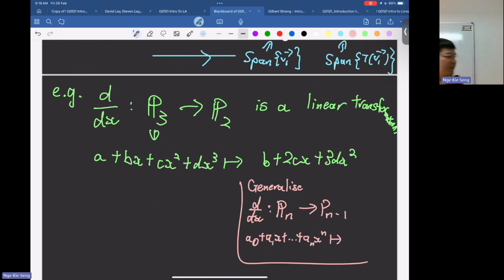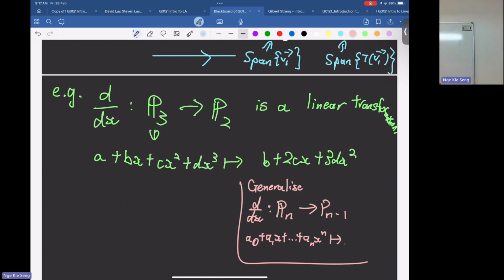What you do is look at each monomial, decrease the power of x by 1, and then multiply the monomial by the previous power. This is what we do here.